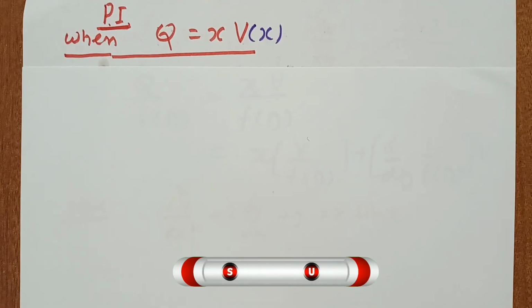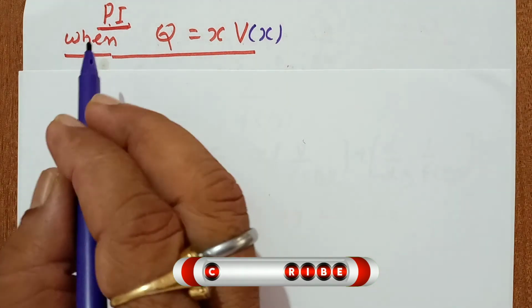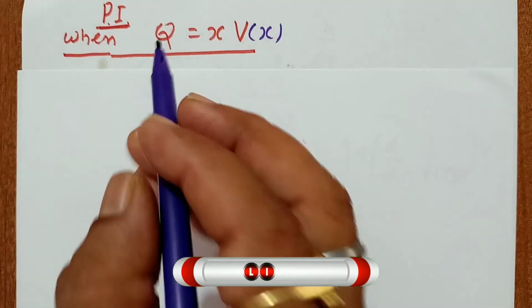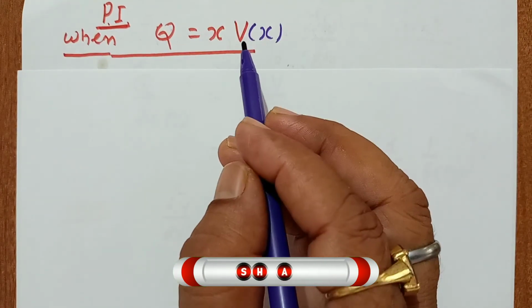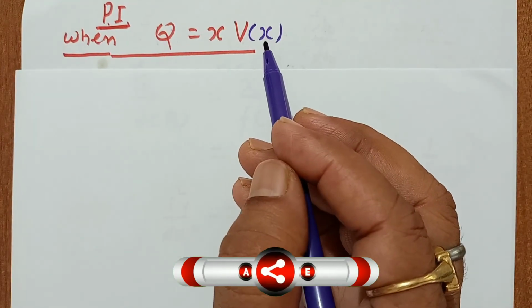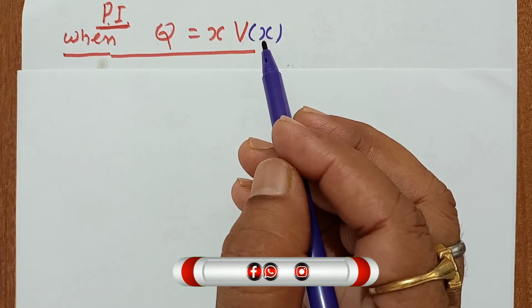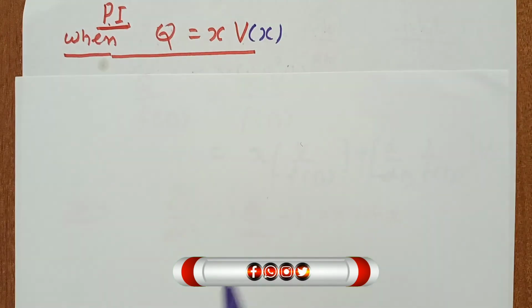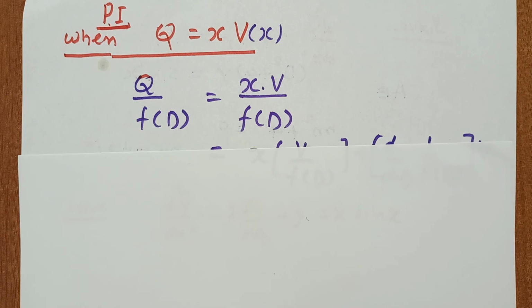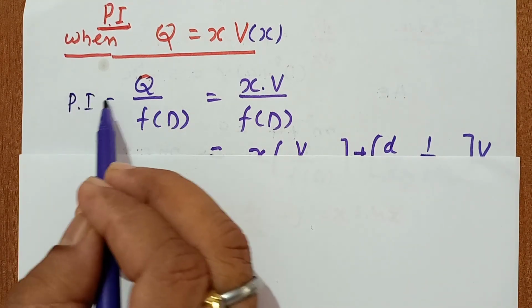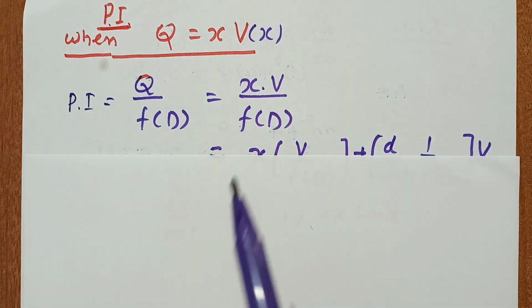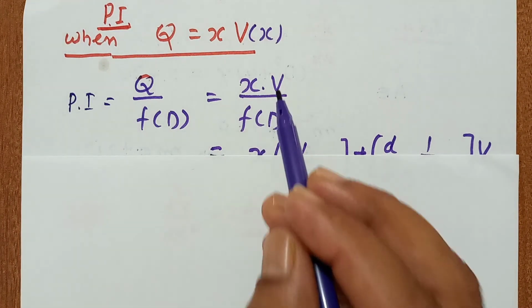Now we will explain the method to calculate the particular integral when Q is equal to x into V, where V is a function of x. In this case, particular integral PI is equal to Q upon f(D), means x V upon f(D).